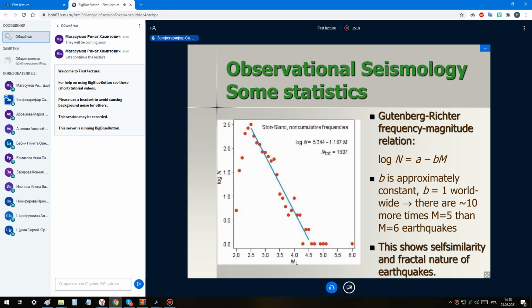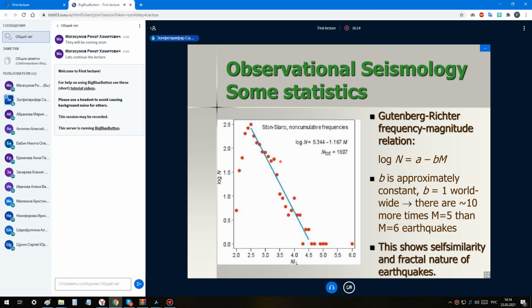The next slide shows the schematic curve of log N per magnitude, the frequencies. This shows the Gutenberg frequency magnitude relation with the equation log N equals a minus bM.